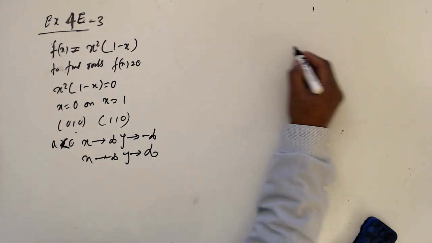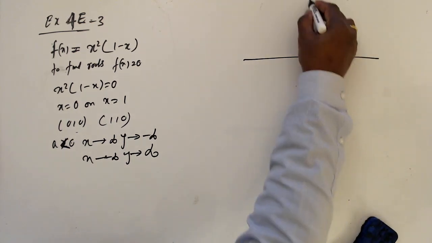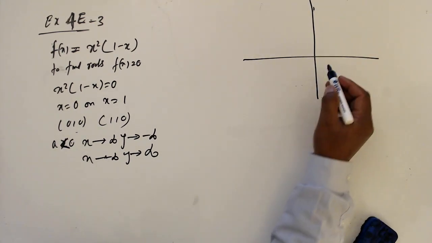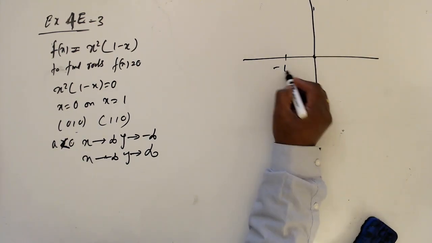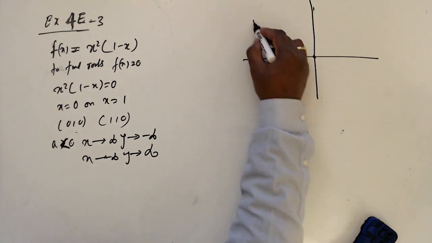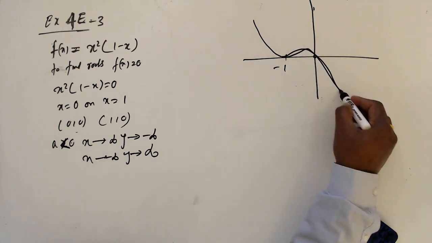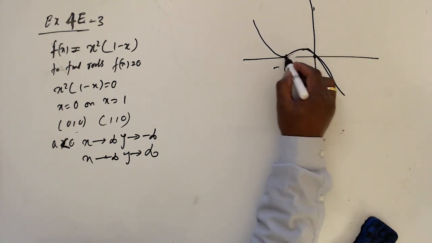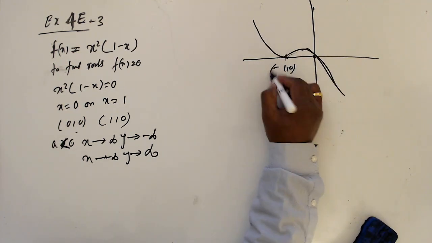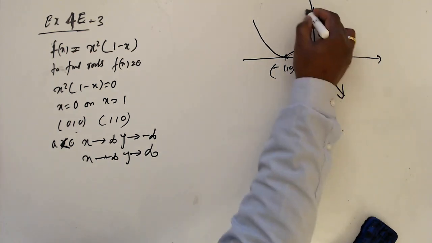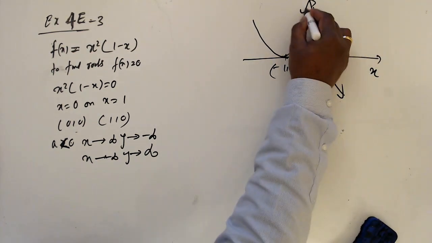Now we'll draw the graph. 0, minus 1, minus 1, 0, x and y.